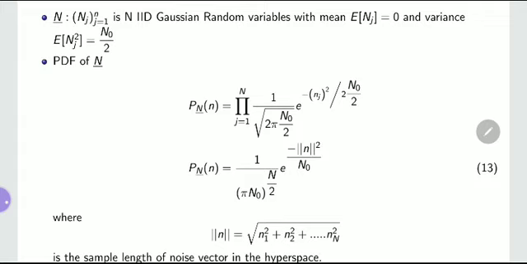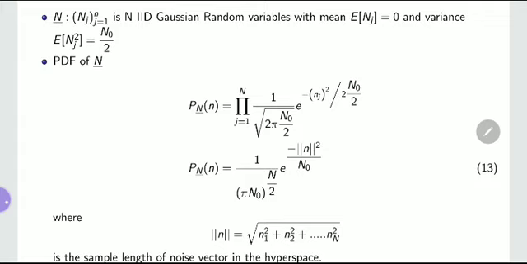Now consider the vector n. N is actually n1, n2, etc. nn, or nj, j equal to 1 to n. So it contains capital N random variables which are Gaussian distributed and which are independent. We have proved all these.